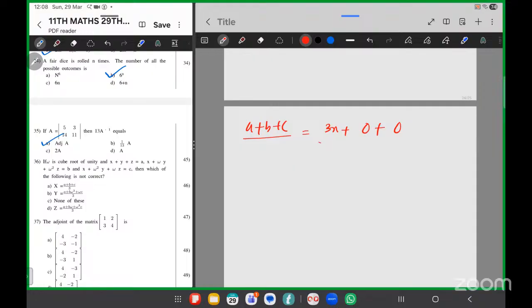So divide by 3 किया तो क्या आएगा? X आएगा. So option A is the correct answer. X is equal to a plus b plus c by 3. सबके साथ x है. So option A is correct option.